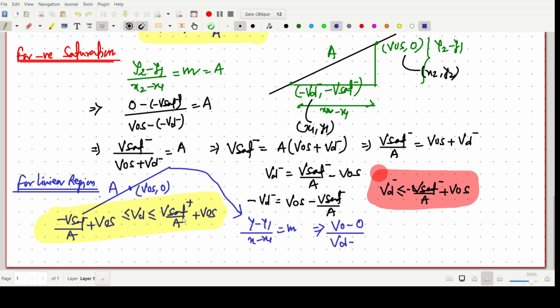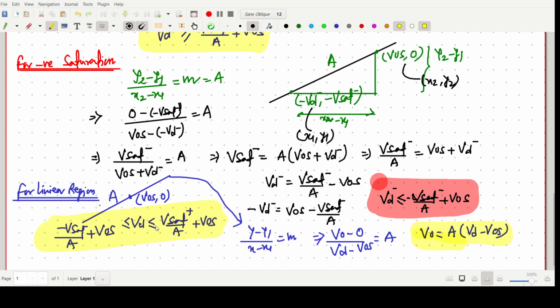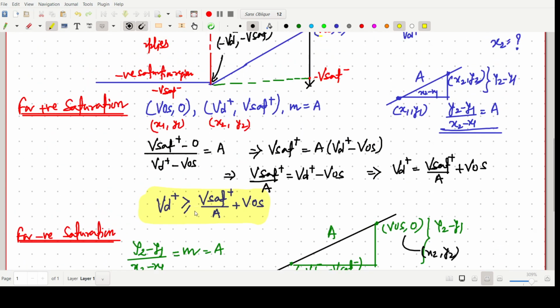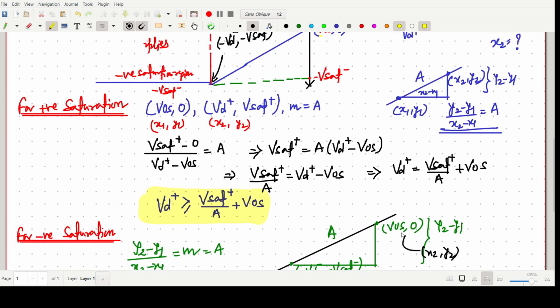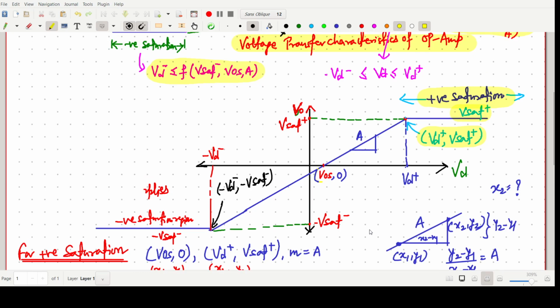So better to write Vd minus Vos equals to A. So Vo can be written as A times Vd minus Vos. So this one is the equation for the Vos. So these are the conditions for linear region. Then positive saturation, negative saturation is there, so we can easily identify the different conditions.